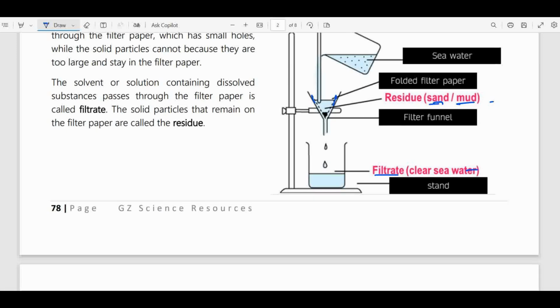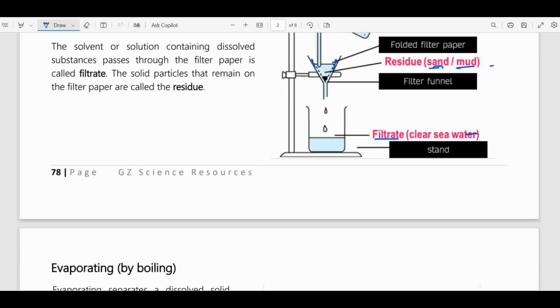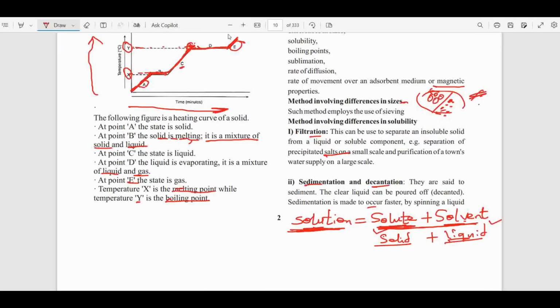And then we go back to look at another method: sedimentation and decantation. Of course, if you have a solute in a solvent that is not dissolved, then you can actually decant.